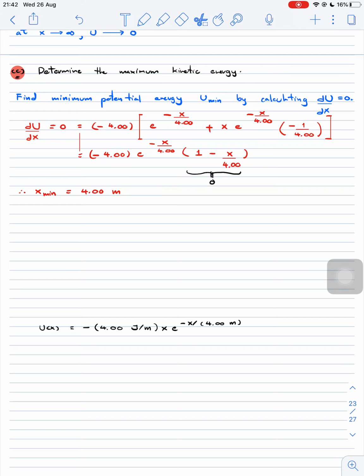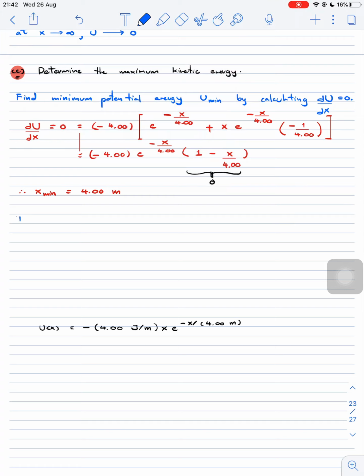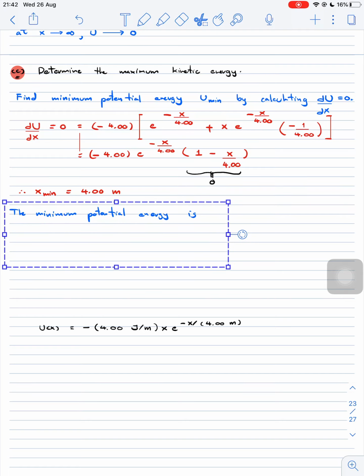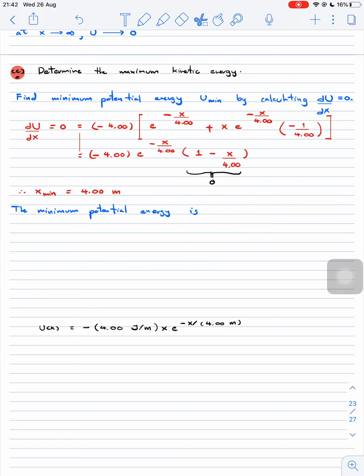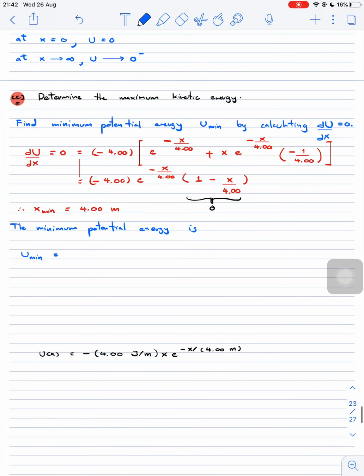Now we can get the minimum potential energy. The minimum potential energy, U min, equals this one.